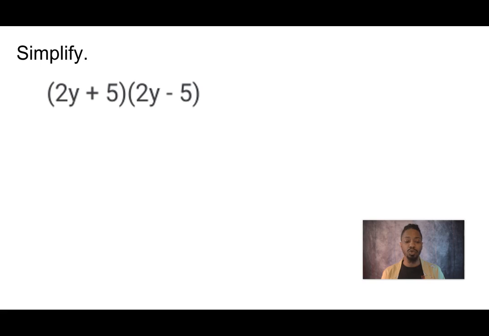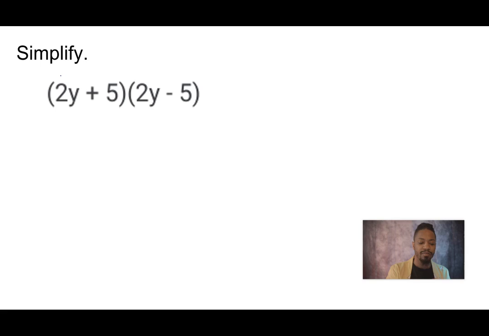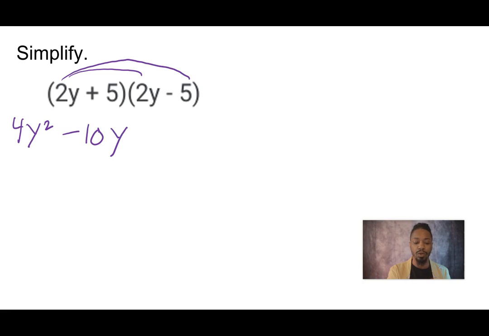The quantity of 2y plus 5 times the quantity of 2y minus 5. Let's look at this one with the double distribution method so you can see that it's the same. You're multiplying it in the same way. First, we need to take this 2y and multiply by everything in the second set of parentheses. 2y times 2y is 4y squared. 2y times negative 5 is negative 10y.